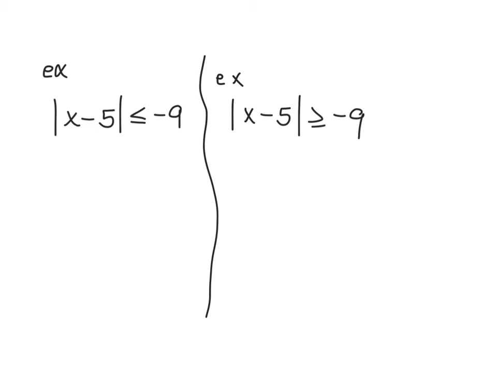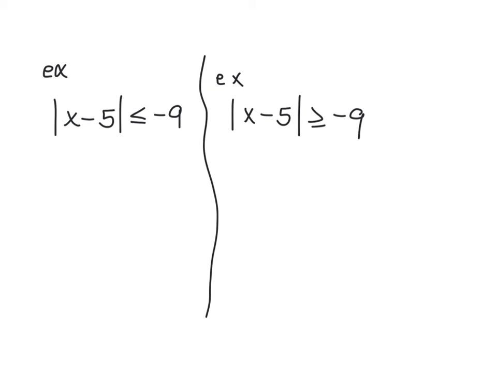So here's two examples of special cases, and notice what they both are. They're both absolute values that are related to a negative number. Just like we had those special cases where we had no solutions with the equations, when that isolated absolute value was equal to a negative. Now we've got one that's less than a negative and one that's greater than a negative. So let's think this through.